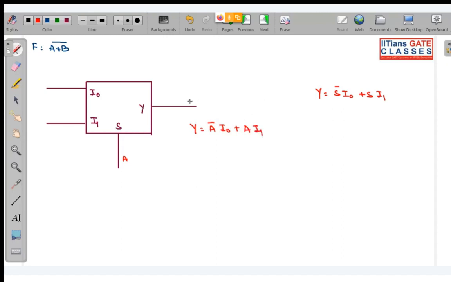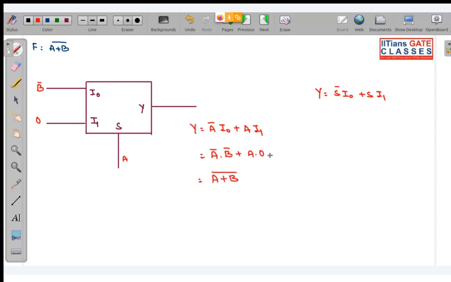Very simple. If I take I0 as B complement and I1 as 0, this will be A complement dot B complement plus A dot 0. So this will be (A plus B) whole complement using De Morgan's rule.